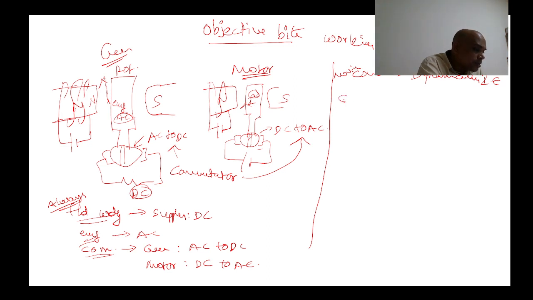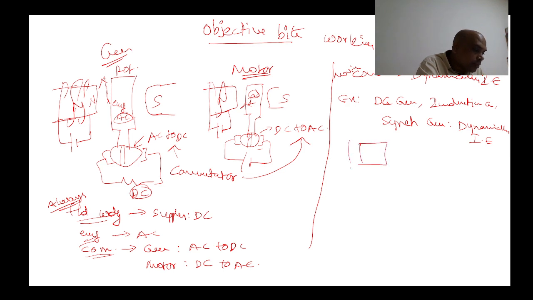What are the examples? DC generator, induction generator, and synchronous generator. All rotating generators produce dynamically induced EMF only.